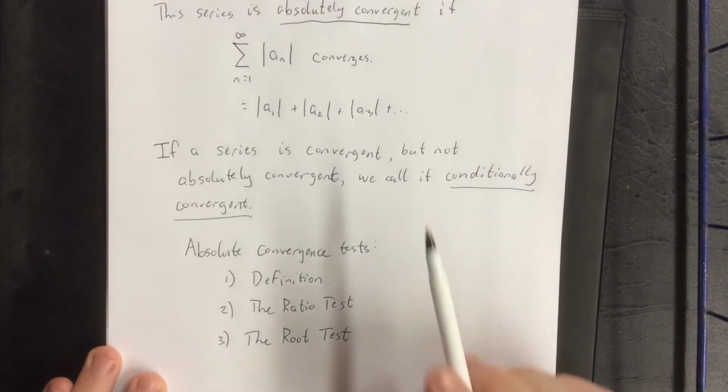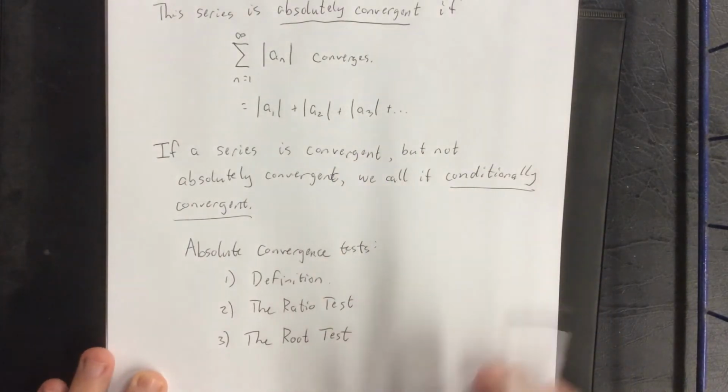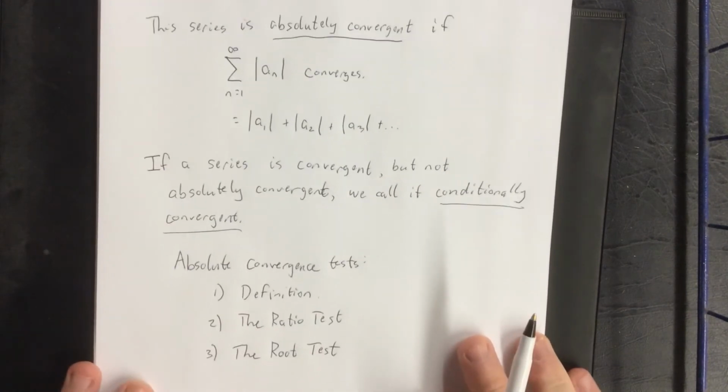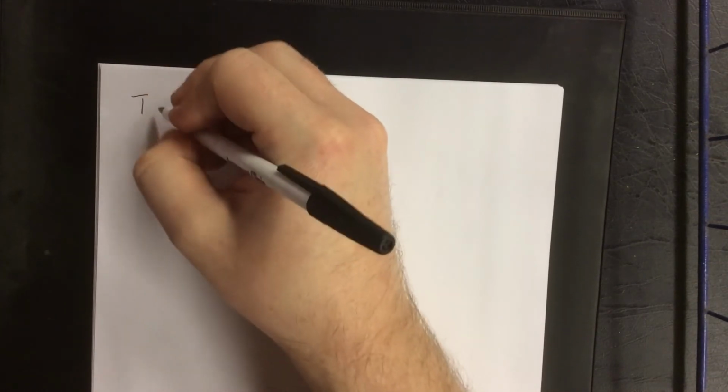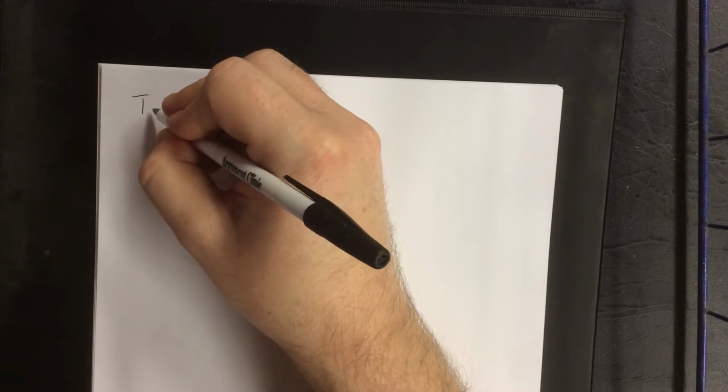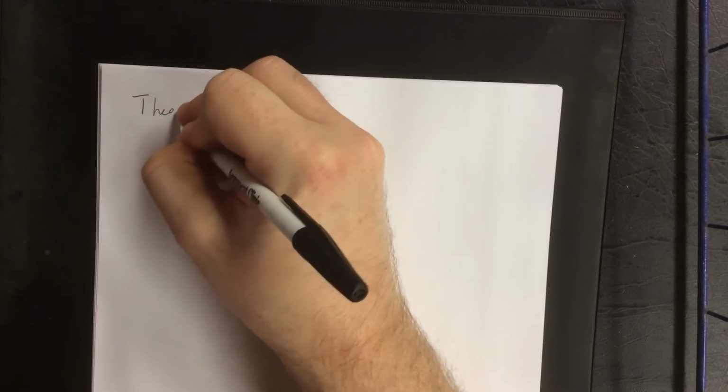Now, if something is absolutely convergent, that automatically makes it convergent. So if you are able to show that something is absolutely convergent, it is no longer necessary to test it for convergence. So this would be considered a theorem.